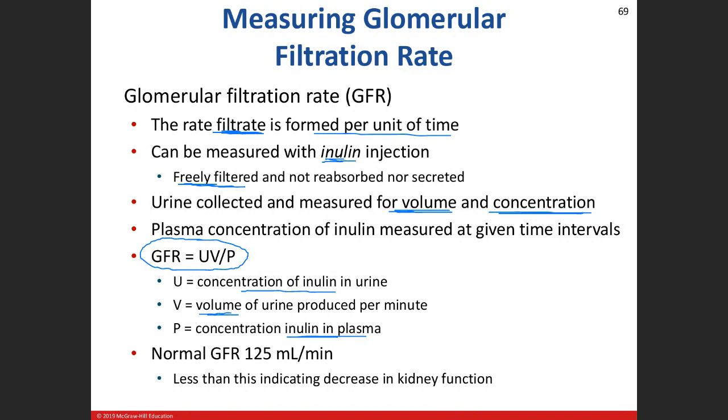That's how we'll be able to calculate the GFR. Normally, 25 milliliters per minute. If it's lower than that, then we're going to be suspecting there's something going on with the kidney. There could be several reasons for that. Decreased GFR could be decreased blood pressure.